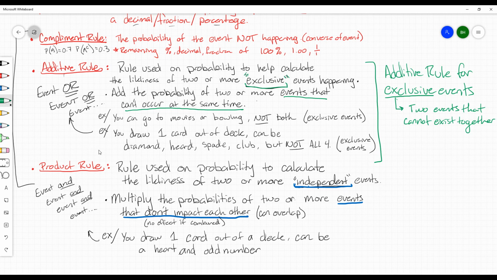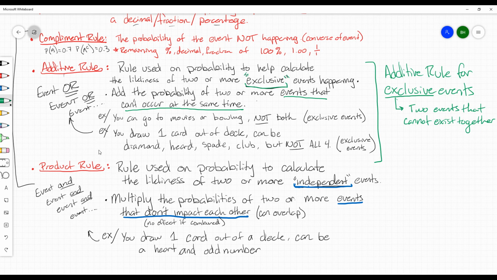Now, this idea of exclusive is something that confused a lot of students because I gave this definition of 2 events that cannot exist together the very first time. It's really a rule that we use to look at 2 things, either or, happening.